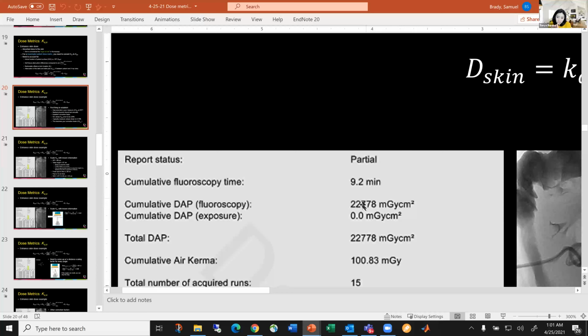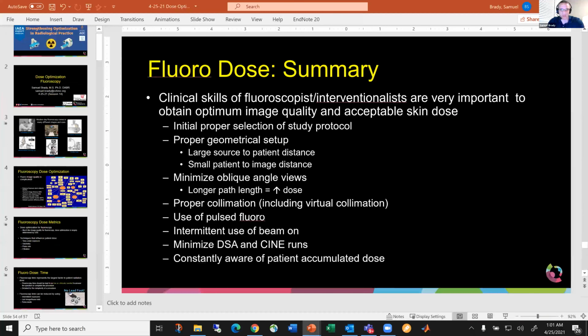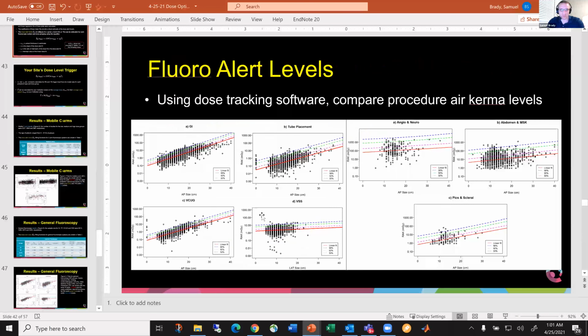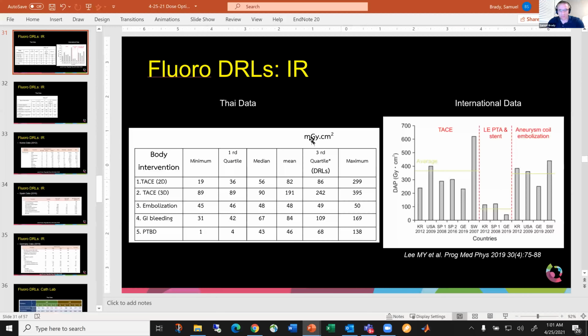And so your numbers, in milligray centimeter squared, I would expect that to be 24,200 or something.